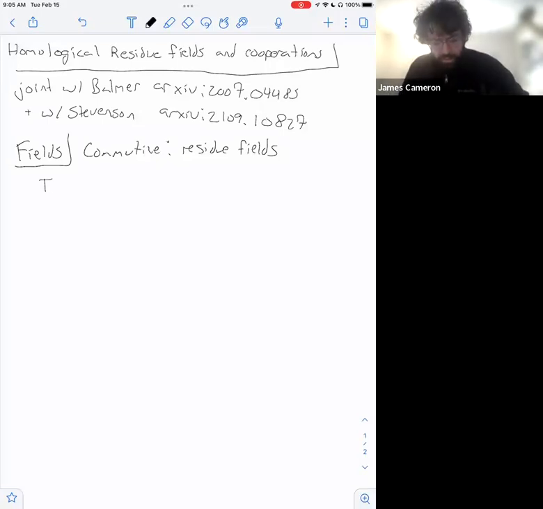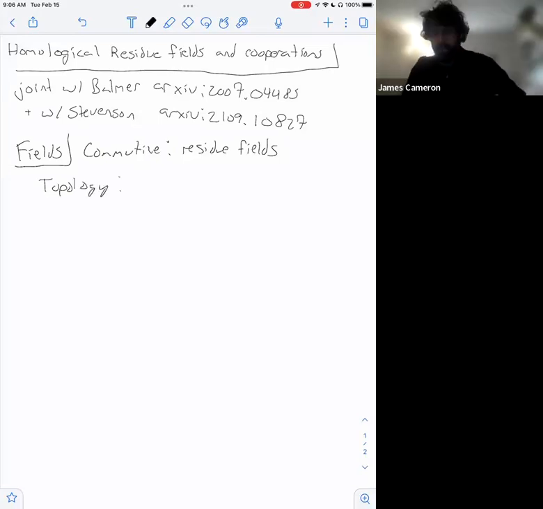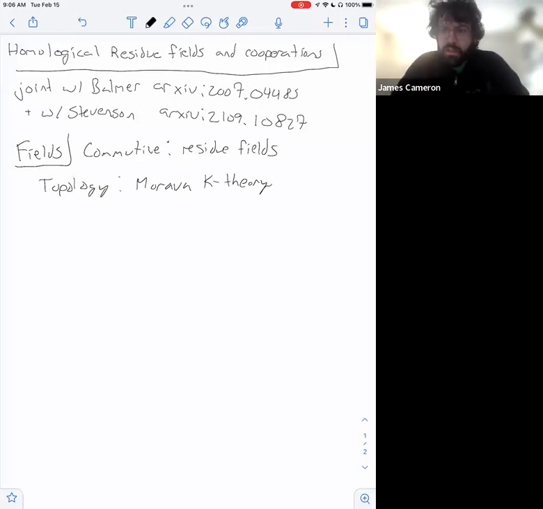So then in topology, there are also field-like objects, and these are given by the Morava K-theories. The Morava K-theories are a homology theory that has field-like properties, and we can also control the thick subcategories of finite spectra using a support theory built out of Morava K-theories.